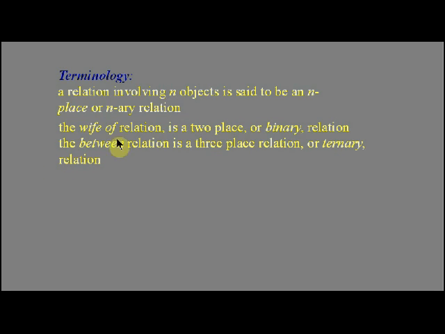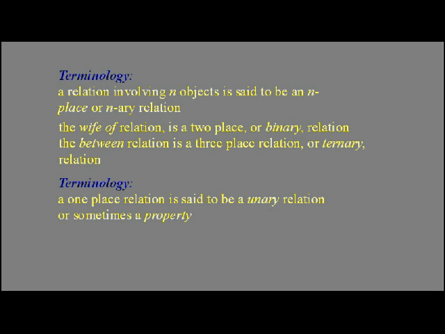So the wife of relation, for example, is a two-place relation, which we sometimes describe as a binary relation. The between relation is a three-place relation. It's something is between two other things. A three-place relation, sometimes termed a ternary relation.